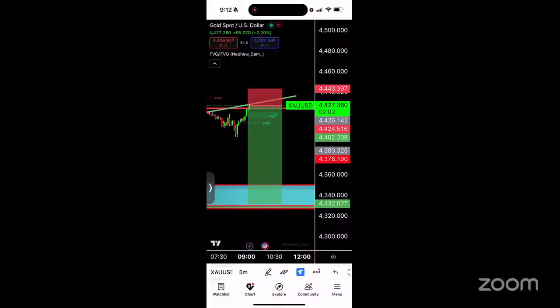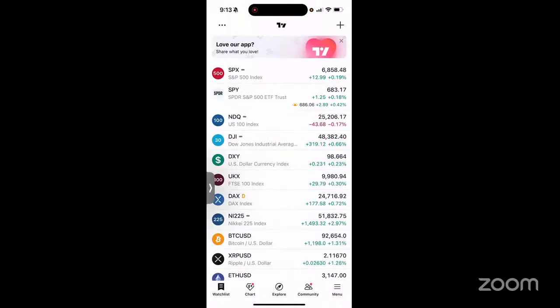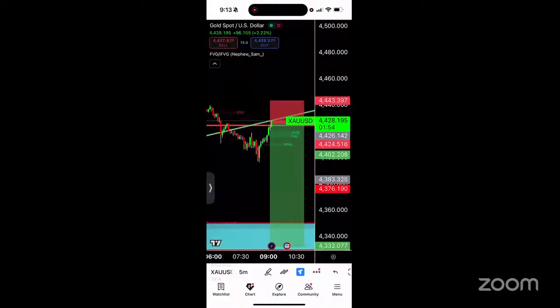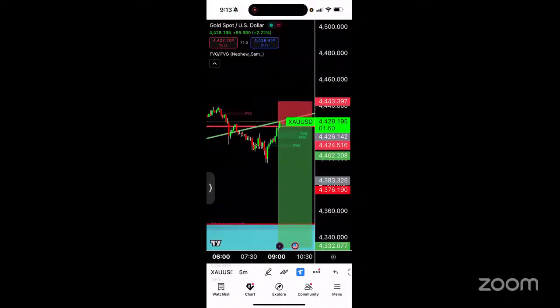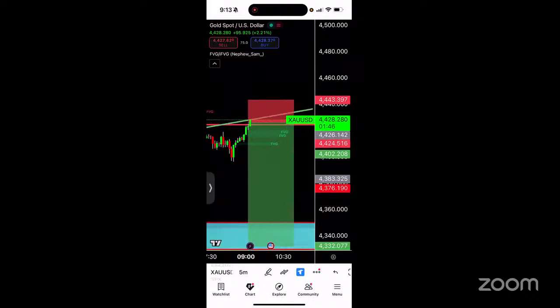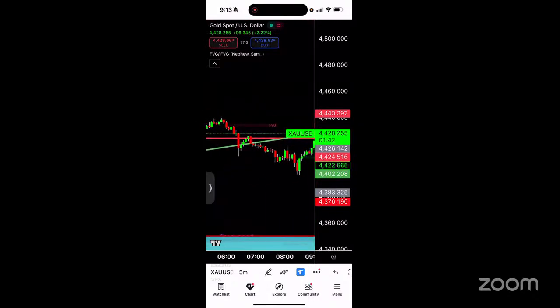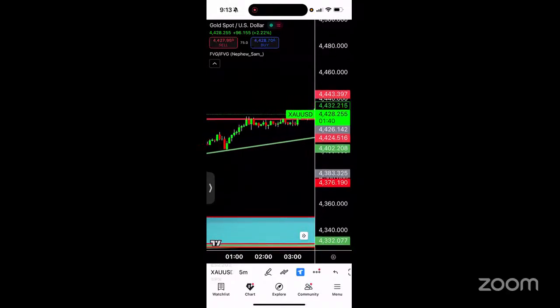I know starting off the week and starting off the year, you want to hurry up and start making a bag and get into it. But you just want to really be patient so you don't end up in any unnecessary drawdown or anything like that, right? And if you do get in, use a small lot size.